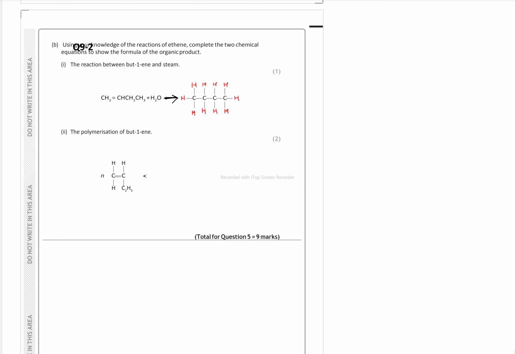Right, we're on. Being too hasty. What you end up with is, if you add an alkene to water or steam, it becomes an alcohol.